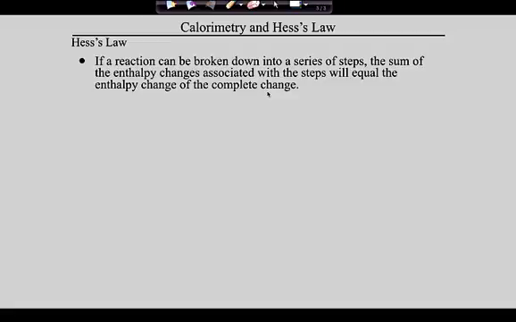So guys, this is the deal. If you can take a reaction and break it down into a bunch of steps, and if you know the energies of the steps, then you can figure out the energies of the whole thing. That makes sense, right? It makes sense going to Tremonton. It makes sense going from Ogden back to Salt Lake.